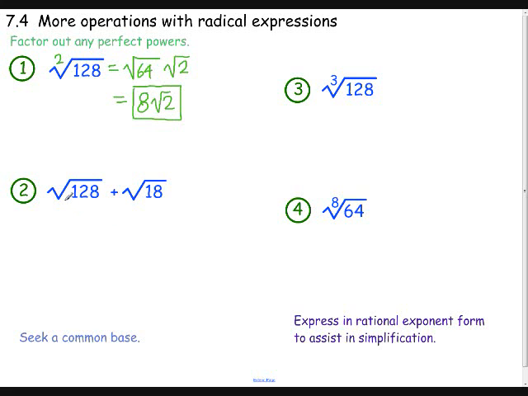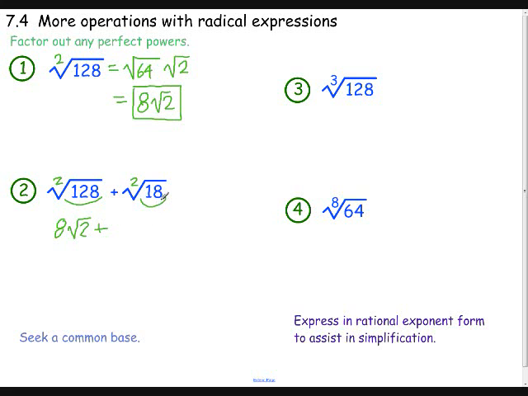Oh, you see the problem here, don't you? Here's a radicand 128 and this 18. No way can we add these together. Even though they're both square roots, which is a good thing, unless these radicands are identical, they will not add. We do know, though, that the square root of 128 is 8 square roots of 2, so let's go ahead and put that down and see if that will be useful to us.